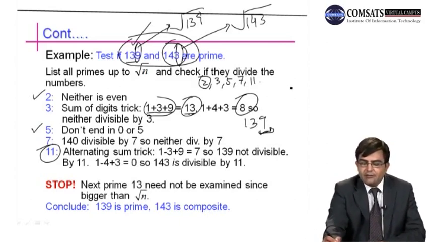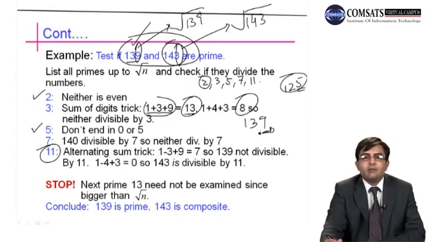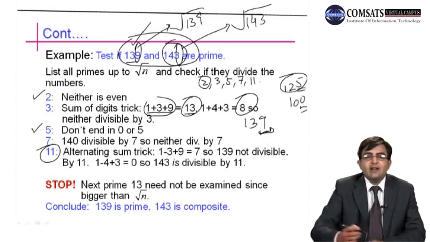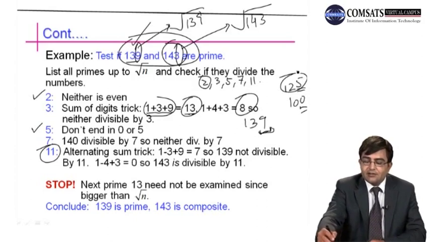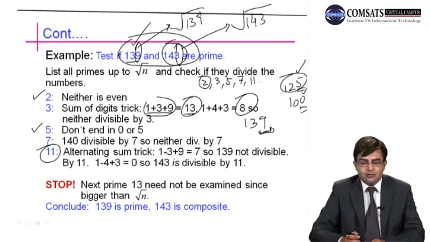For example, if we have 125, here we have 5, this number is divisible by 5. If we have 100, we have 0 here at the end, so this number is divisible by 5. So only those numbers are divisible by 5 in which the last digit is 5 or 0. In the given numbers 139 and 143, the last digits are not 0 or 5, therefore these numbers are not divisible by 5.